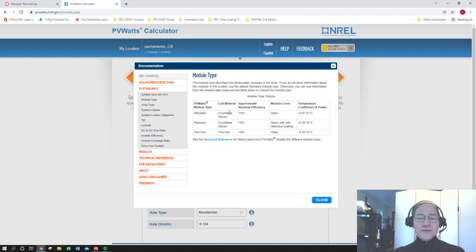That means it's crystalline silicon, not amorphous. It could be polycrystalline. It could be monocrystalline. It's going to have a glass cover, good for fire danger, probably pretty heavy. And you see the temperature coefficient they're assuming. So basically those hot summer days when we're going to have lower voltage generation or cool nights, this is built into the program.